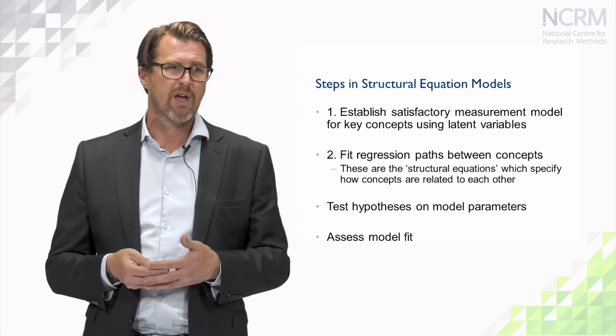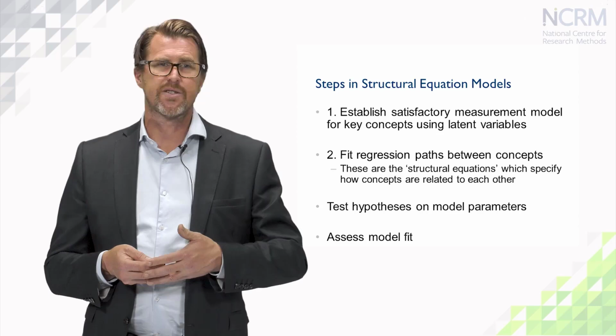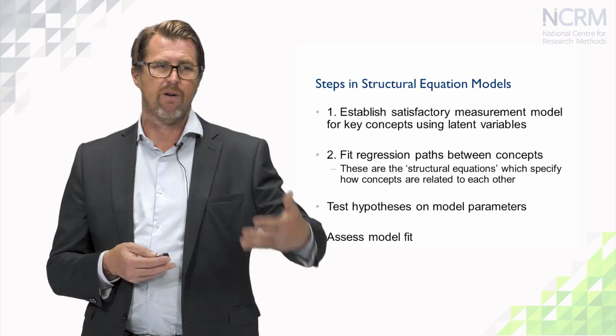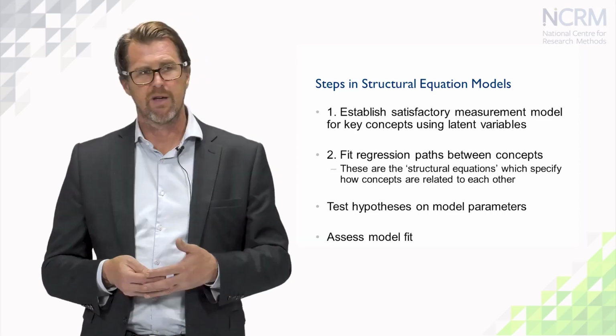And then the last step would be to assess the fit of the model. If we have a well-fitting model, then we can be confident that our estimates of the model parameters are consistent and unbiased.